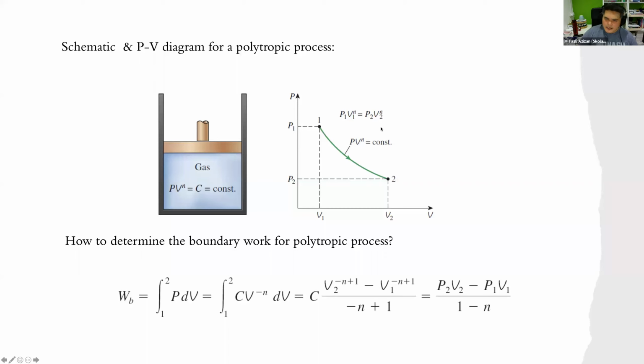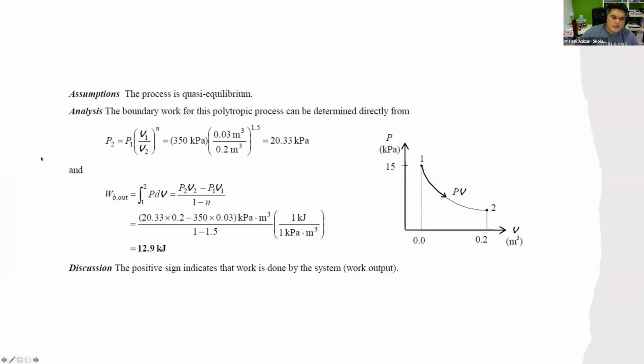So this is one example because we have this kind of equation here. Then we'll be able to determine our P2, because we can calculate by using this particular equation. You just move V2 and the power of n, calculate everything, and you'll be able to get our P2, which is equal to 20.33 kPa.